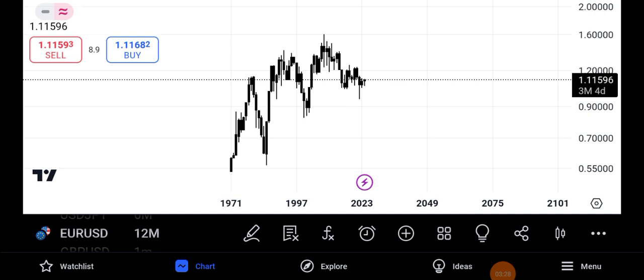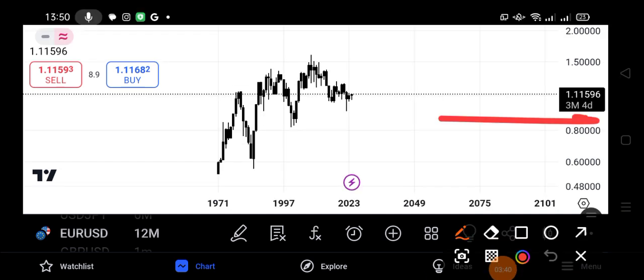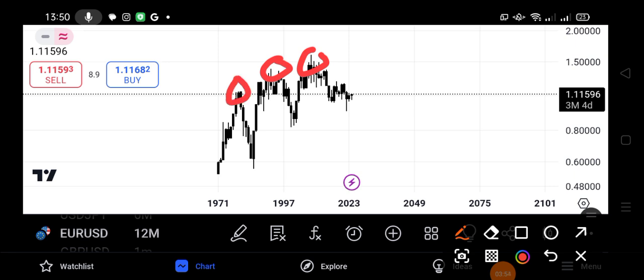So what I mean by that is liquidity is going to be points in, where's my drawing tool? Right, brush. So liquidity areas, guys, are going to be these areas.